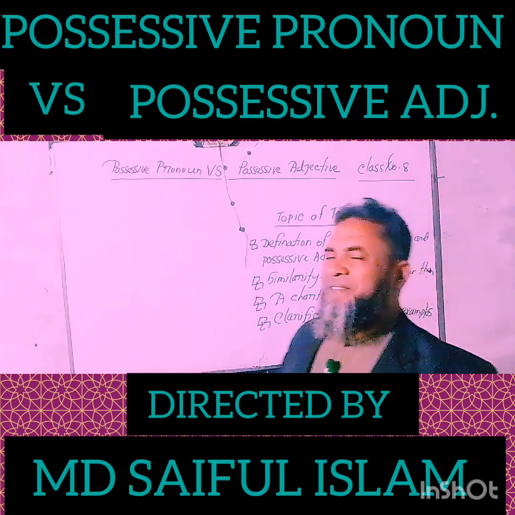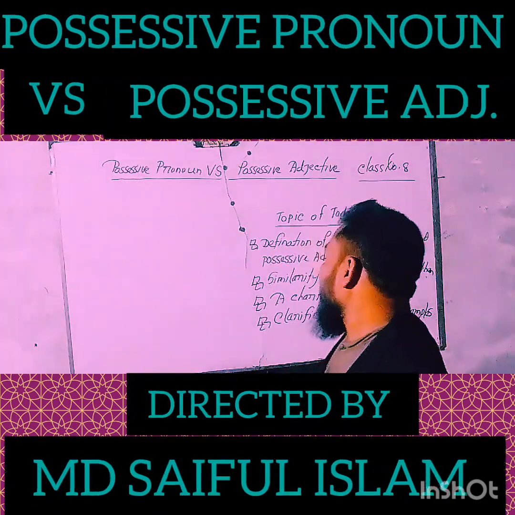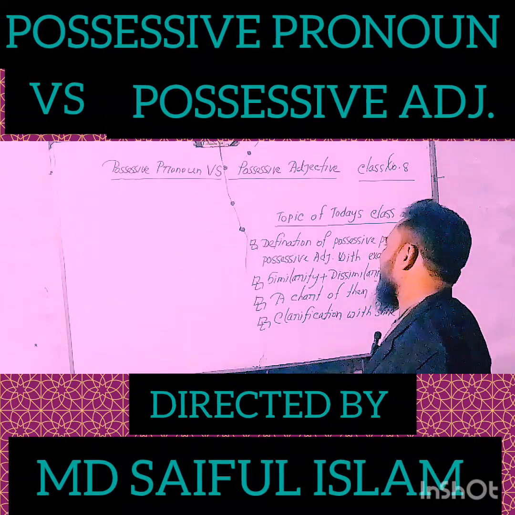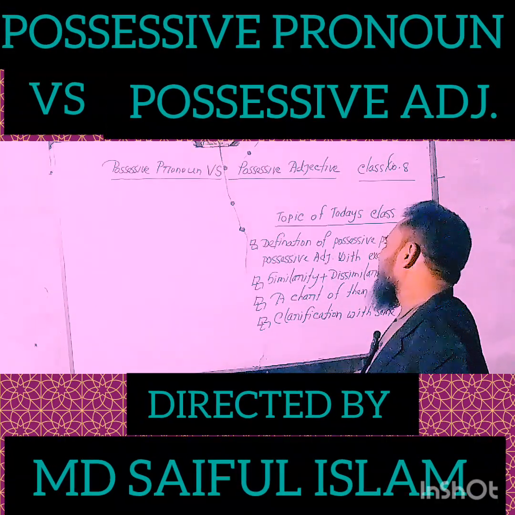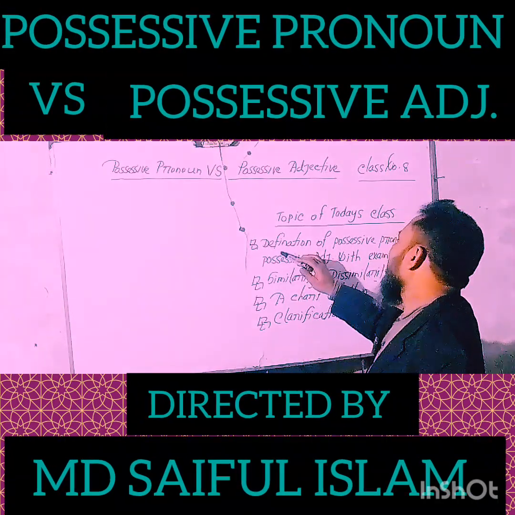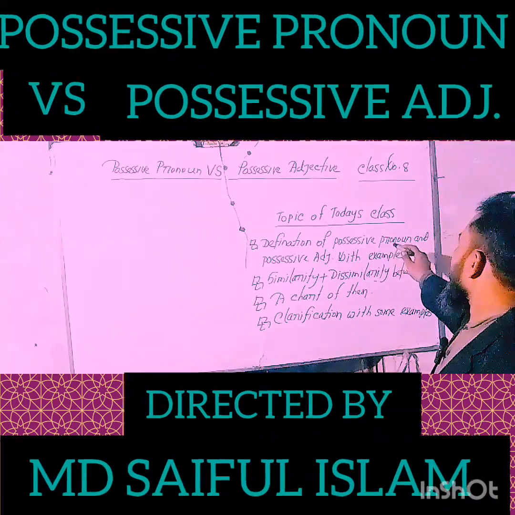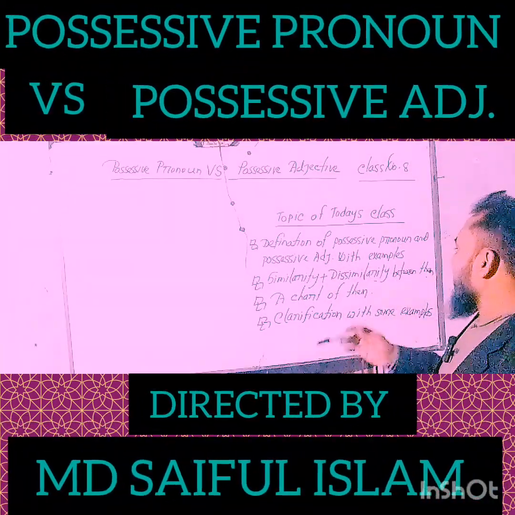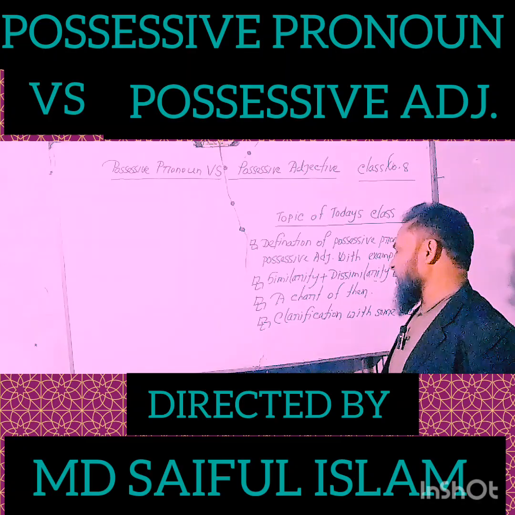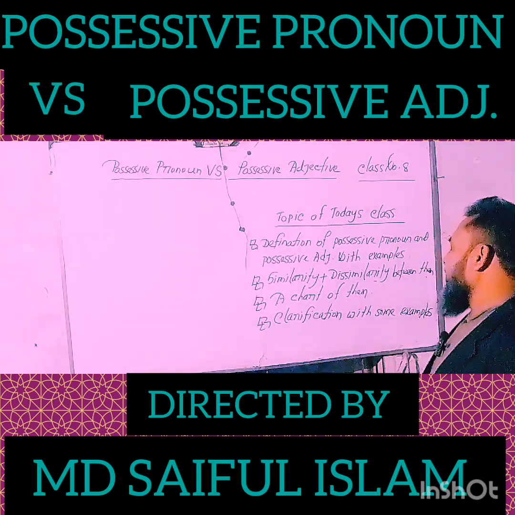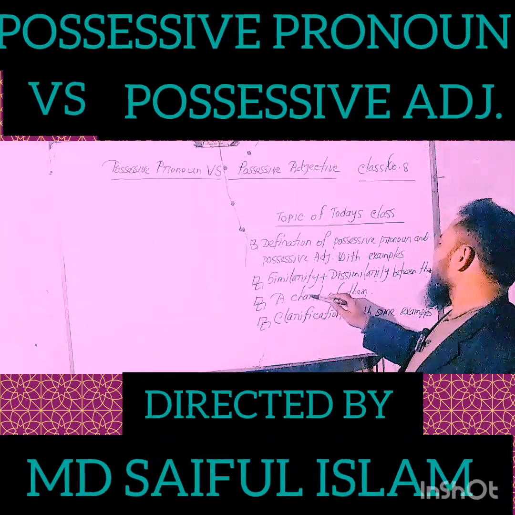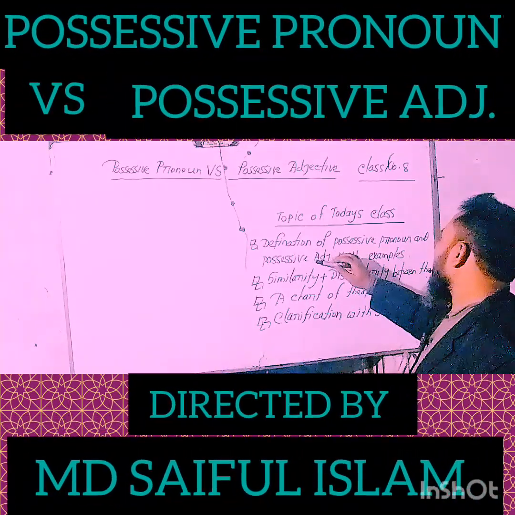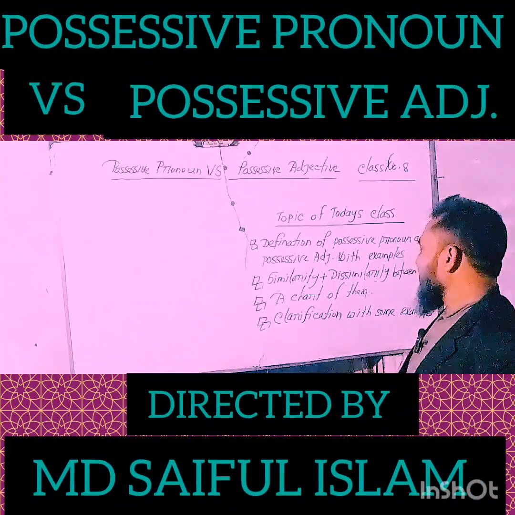But before starting today's class, I want to declare today's class topic, my dear learners. At first, I'm trying to show you the definition of possessive pronoun and possessive adjective with various kinds of examples. Next, secondly, I'm trying to show you the similarity and dissimilarity between possessive pronoun and possessive adjective.